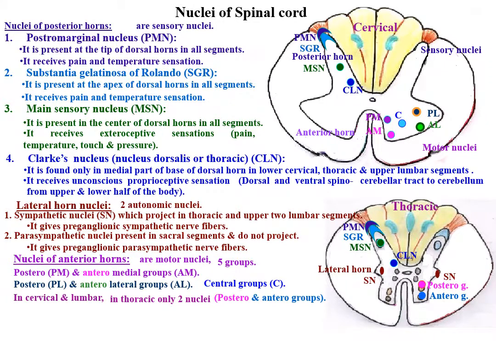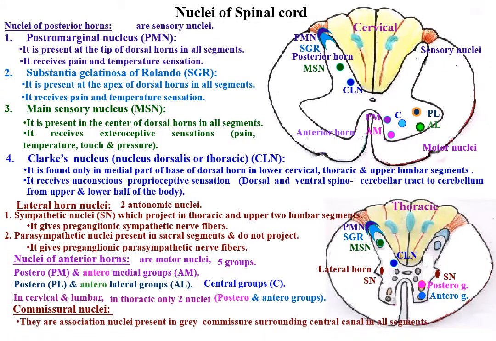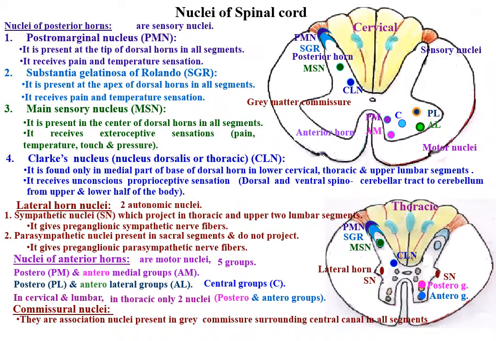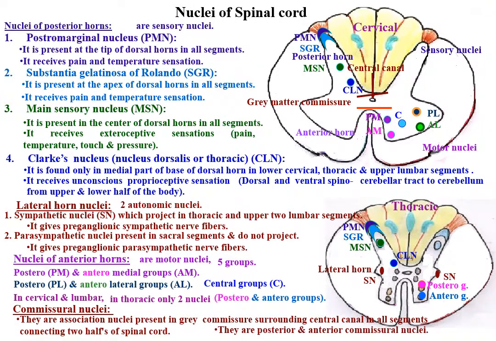Commissural nuclei. They are association nuclei present in the gray matter commissure surrounding the central canal connecting the two halves of the gray matter. They are posterior commissural nucleus and anterior commissural nucleus.